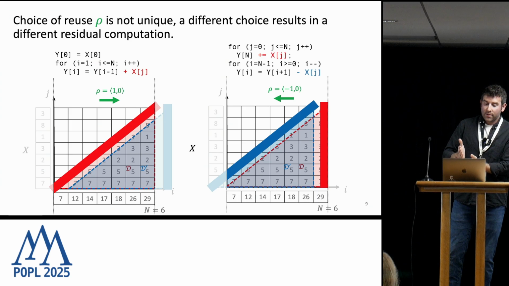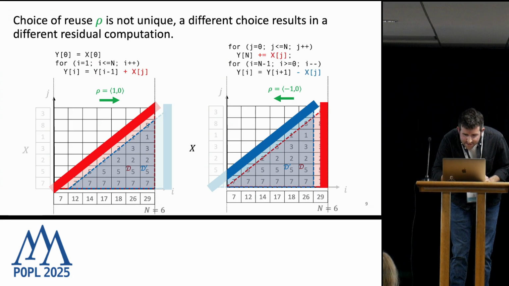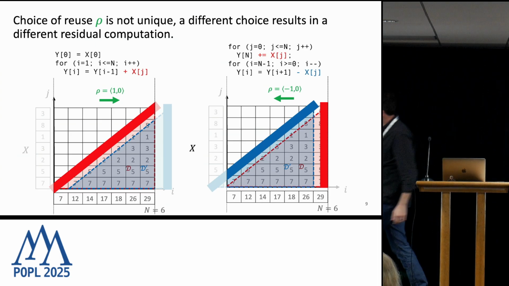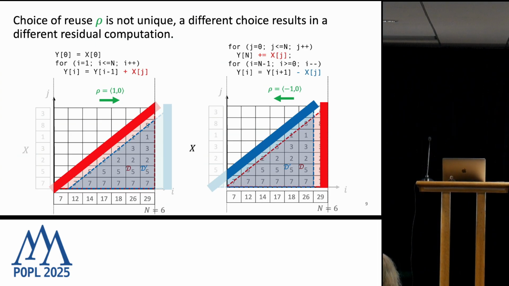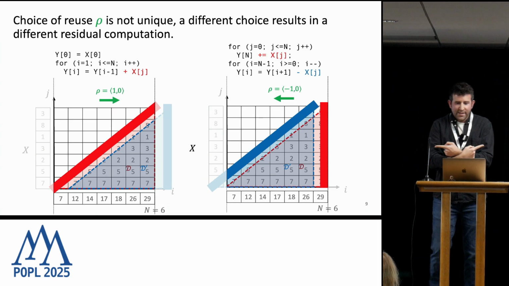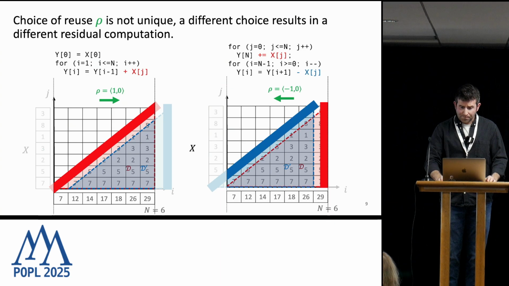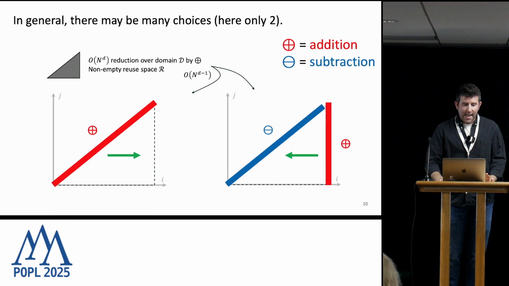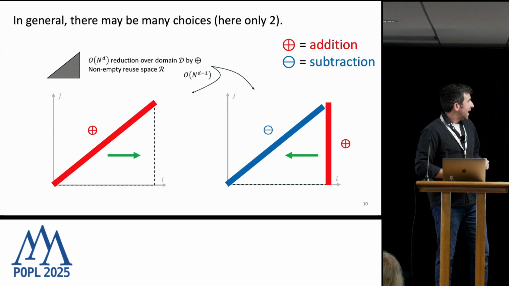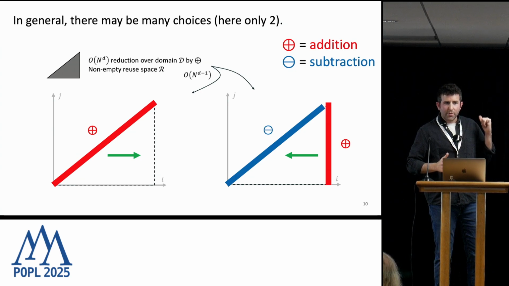You can't see it here, but it was 3 on the top, so to get 26, 29 minus 3 gives us 26. So the whole point is that there are multiple choices in how we decide to exploit reuse. In general there are many choices; in this example, there are 2.